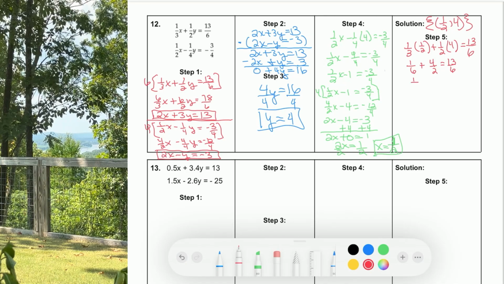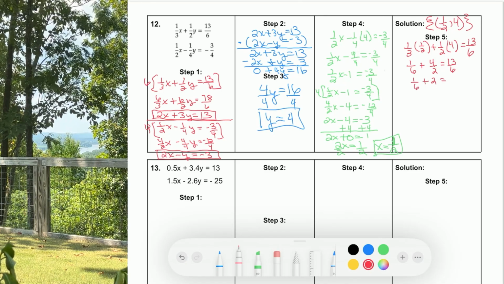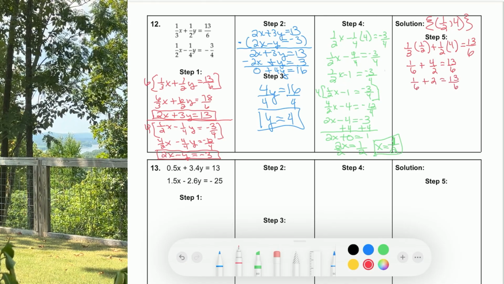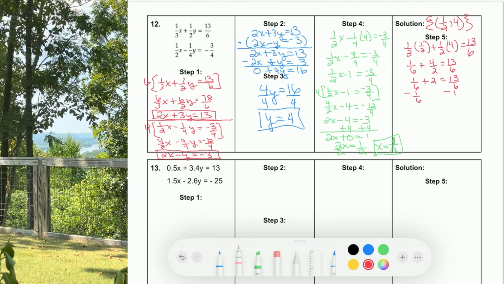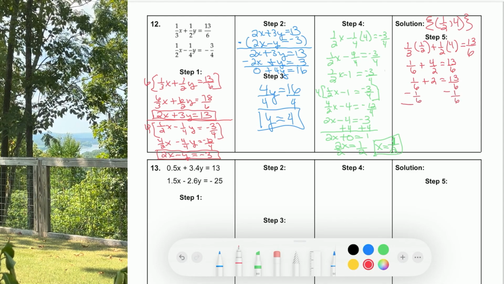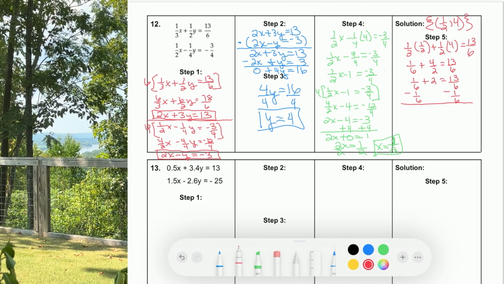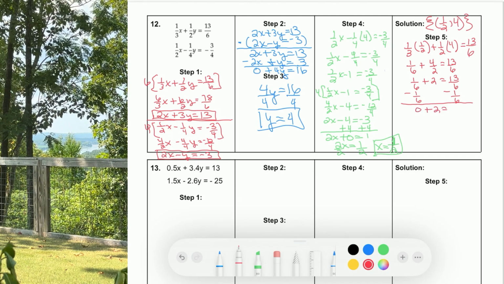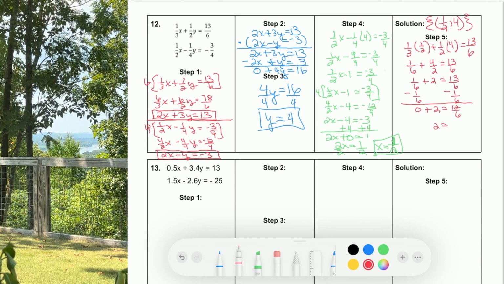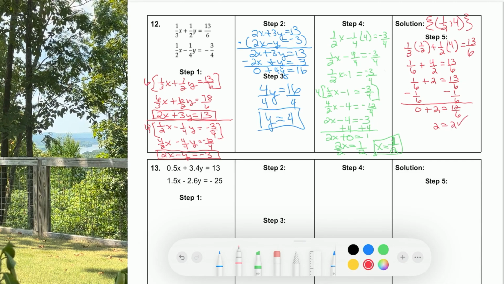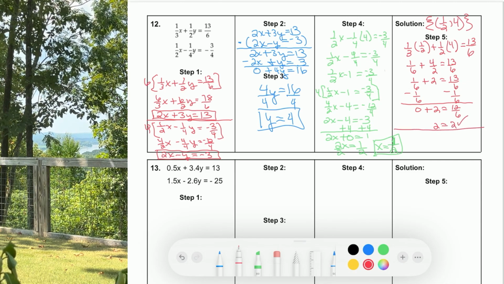That gives me 1/6 plus 2 equals 13/6. I'm going to go ahead and subtract my 1/6 from both sides just because I noticed they already have common denominators, and it'll help me simplify this down a little bit. So 0 plus 2 equals 12/6. 2 equals 12 divided by 6 is 2. So we are done with that one. So it actually works out.